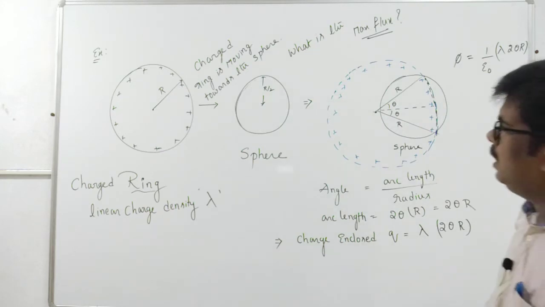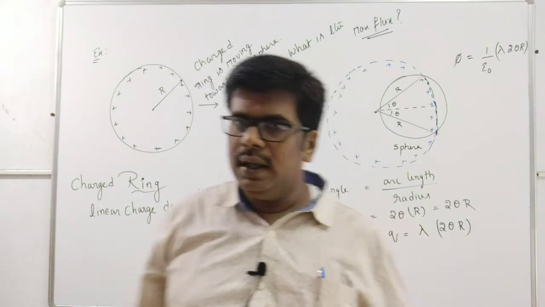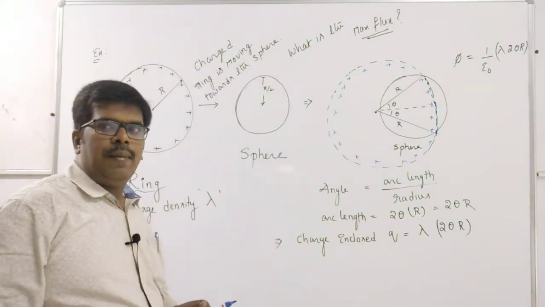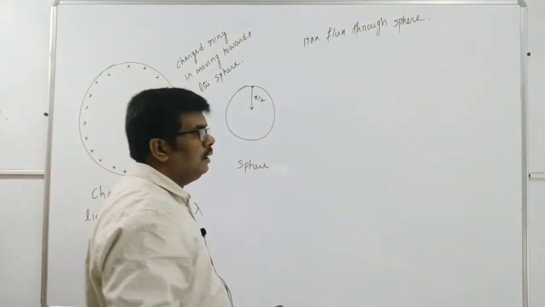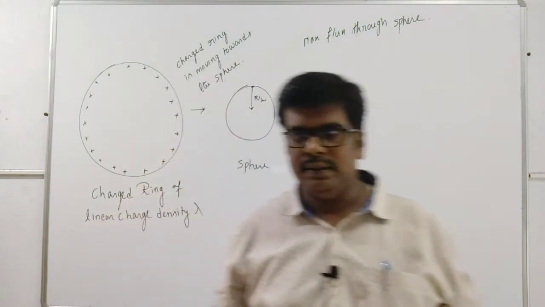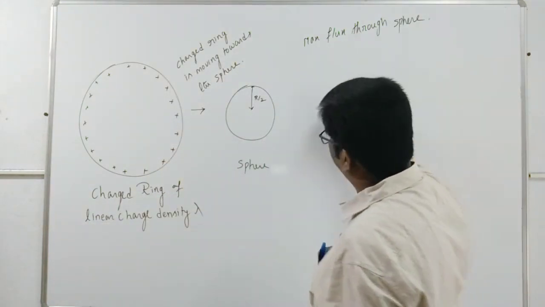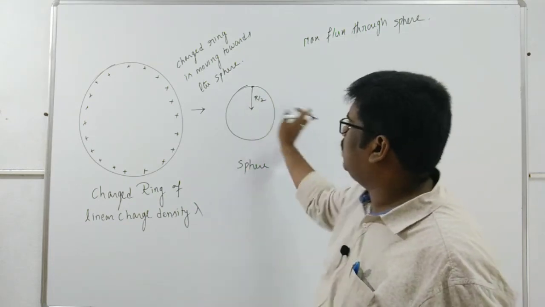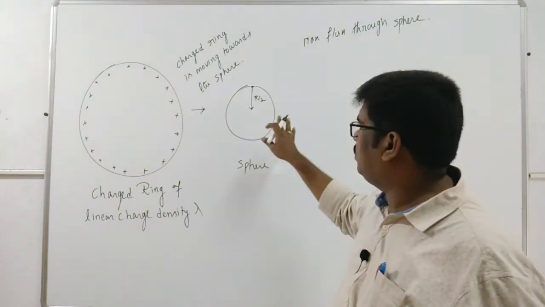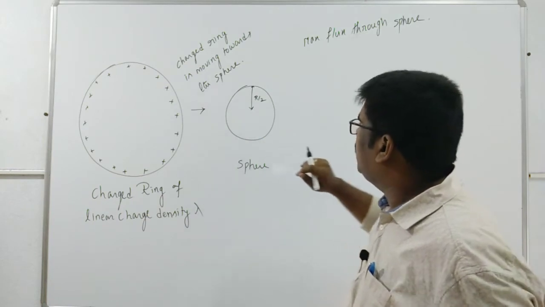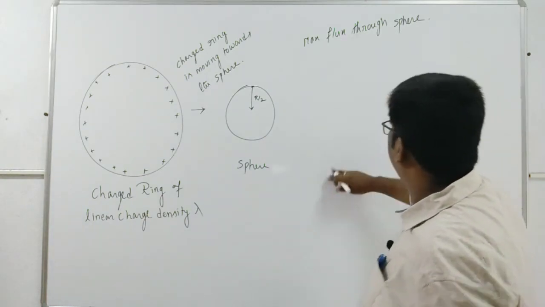Well, next we can go for another thing, the maximum flux. We discussed the flux through it at any instant while it is passing. But when is the maximum flux possible? The case is like this.